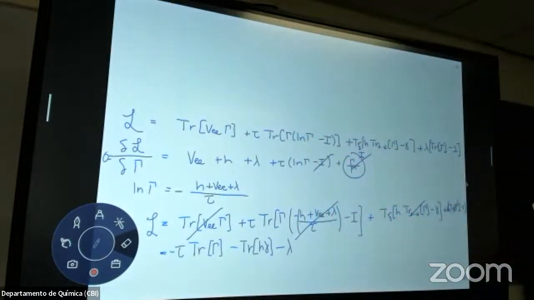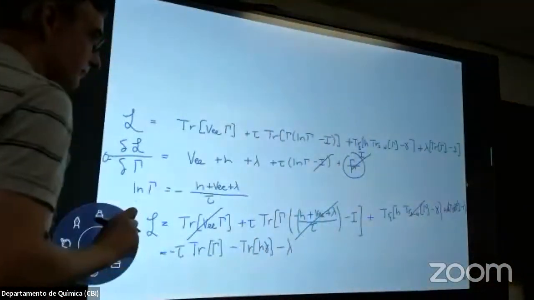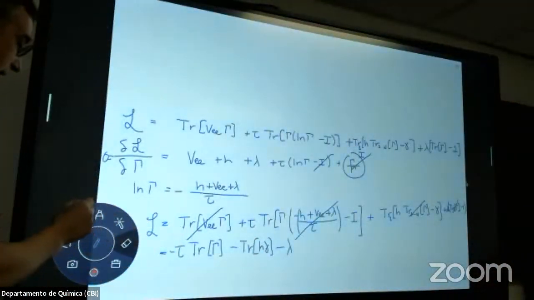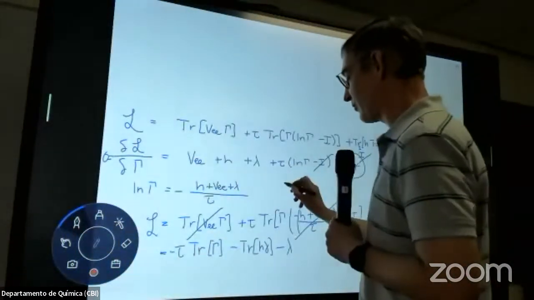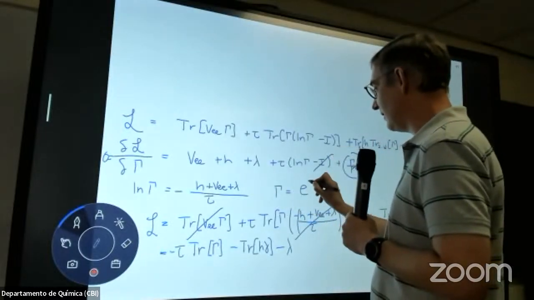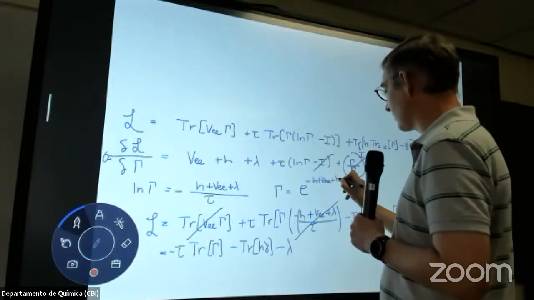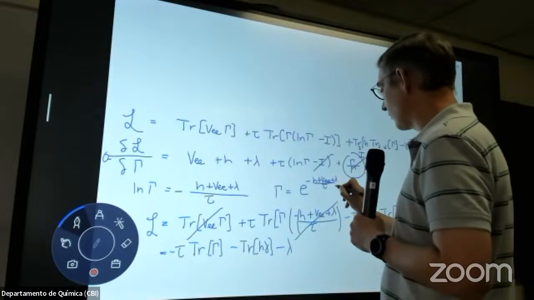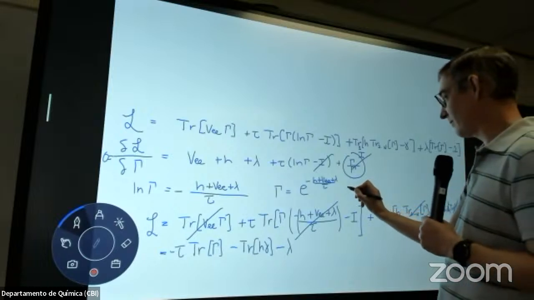So I need to think about how I'm going to deal with this expression. And what I'm going to do is I'm going to use this expression and say, oh, also gamma is e to the minus H plus VE plus lambda over tau, right? And this should probably look familiar.